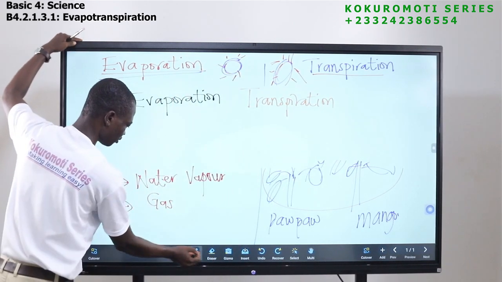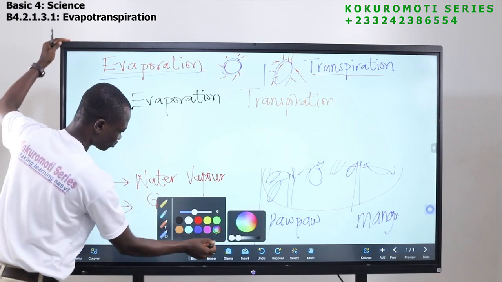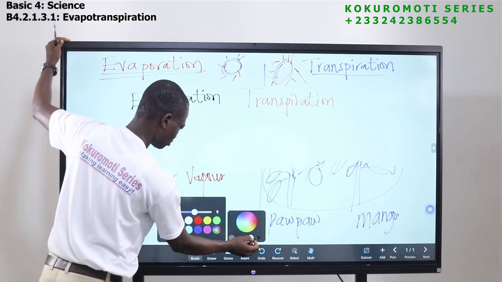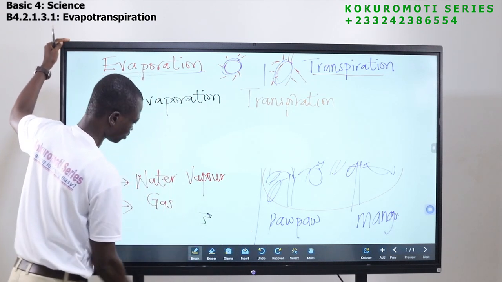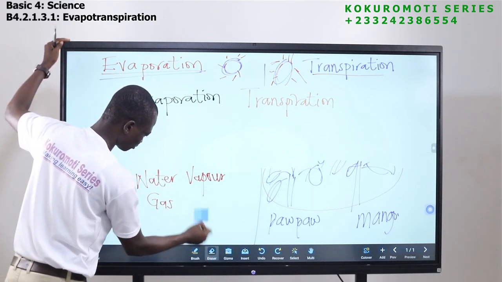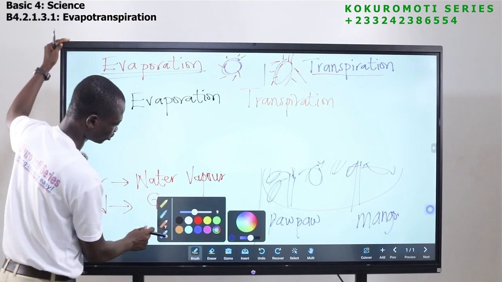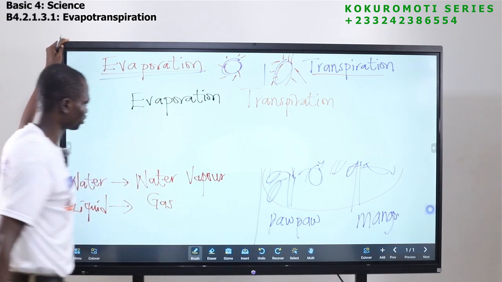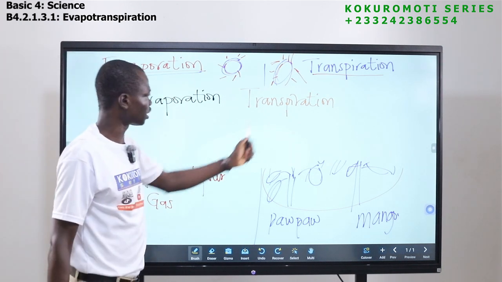So here, let me change the color. I don't know if you can see this color. Let me go back. Okay, so let me pick red. So we have evaporation, we have transpiration.